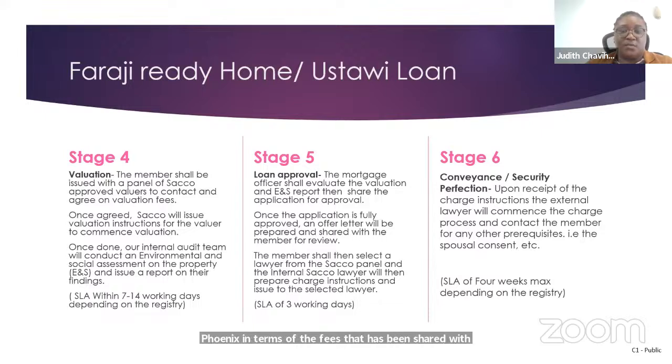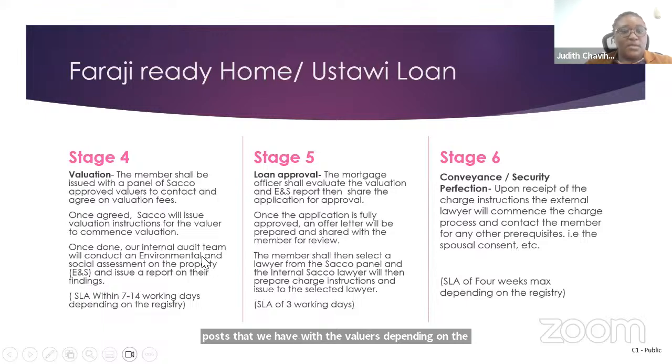We normally verify and advise members on a scale within this particular region. The fees should be within this much, but I'll also take you through the negotiated costs that we have with the valuers depending on the location, region or area.